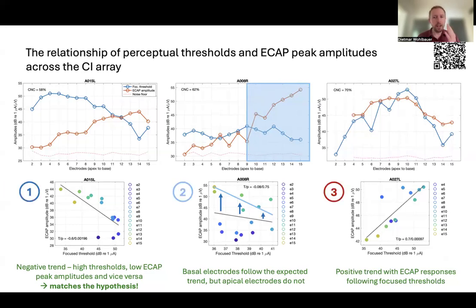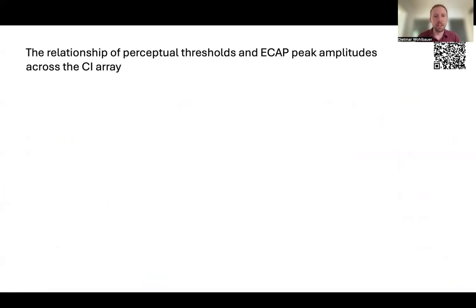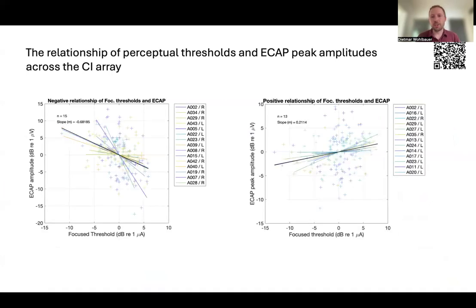I grouped those subjects in 3 categories. When we record this across all our subjects, with extremely high variability, we get these two groups of negative relationships and positive relationships. Just to show you how strong the negative correlation is, here are subjects from group one.